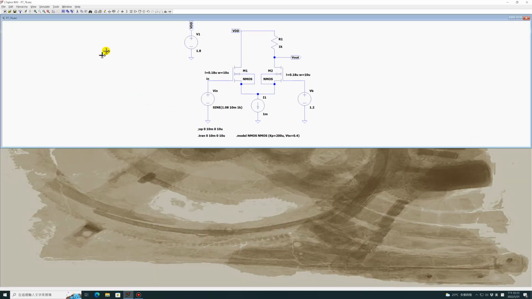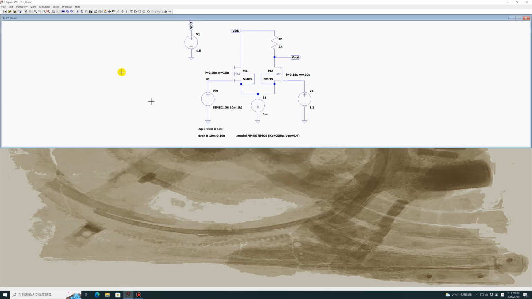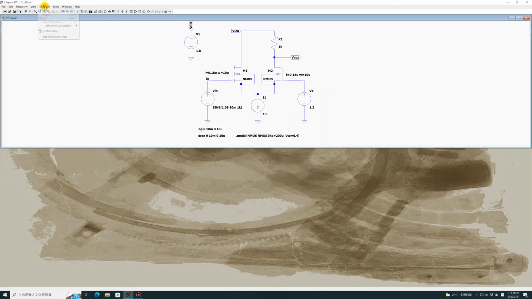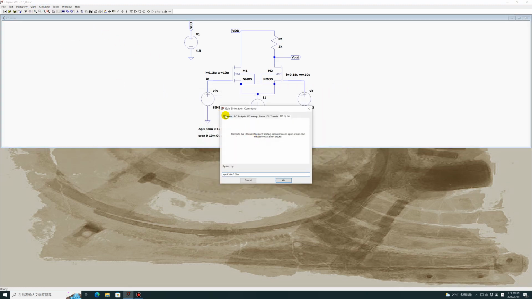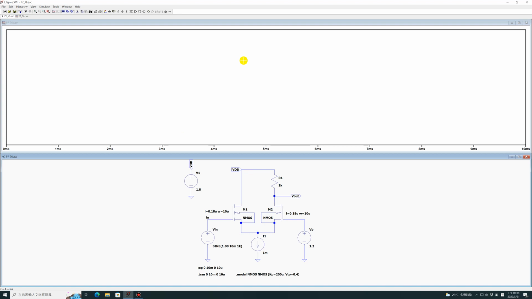I have to redo the operational point here. Update it here, and then get it again. The Vout becomes 1.104. So go back again, 1.104, and simulate it, and then I'll take the 1.104.